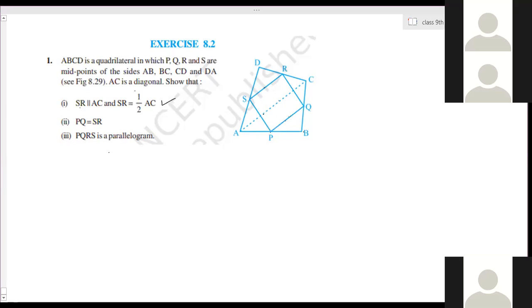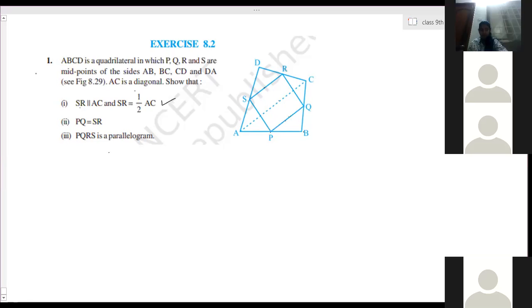Yes, ma'am. And this question is always asked for 4 marks. So, writing: the given, you have to write P, Q, R, S are the midpoints of AB, BC, CD and AD. That is the given. To prove, these are the two proofs.